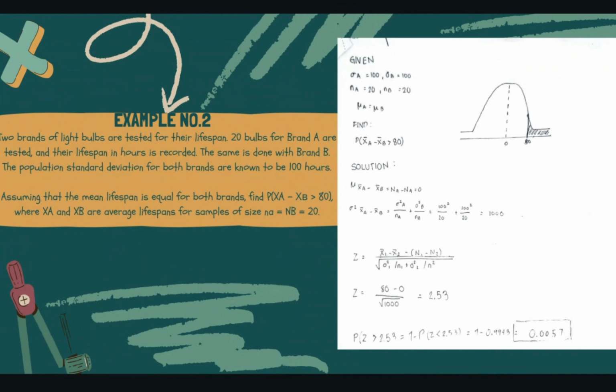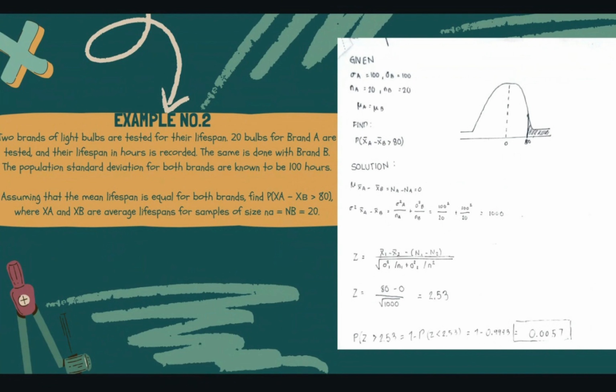Find the standard error. This tells us how much the difference between two sample averages can naturally vary. The formula is the square root of standard deviation A squared over NA plus standard deviation B squared over NB. 100 squared over 20 plus 100 squared over 20 is 1000.